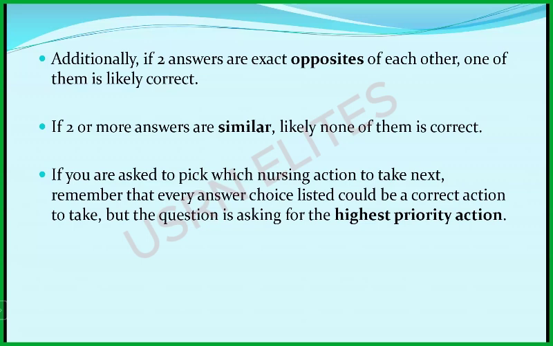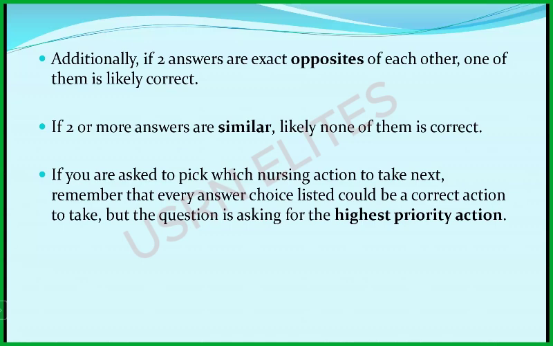Additionally, if two answers are exact opposites of each other, one of them is likely to be correct. And I think this one makes complete sense. Let me demonstrate. Look at this example.